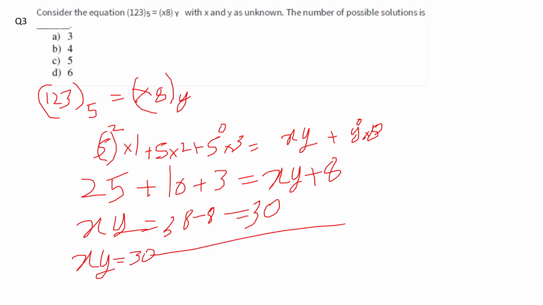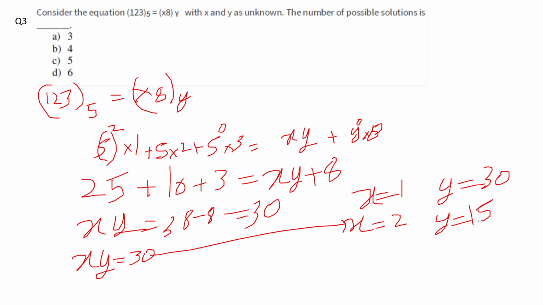So now let's look at the possible solutions. One possible solution is x equal to 1 and y equal to 30. Another possible solution is x equal to 2 and y equal to 15. The third solution is x equal to 3 and y equal to 10. Right. And the fourth can be x equal to 5 and y equal to 6.